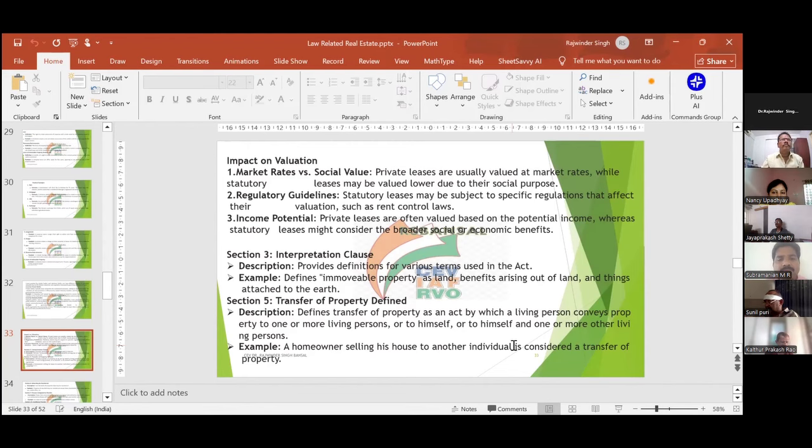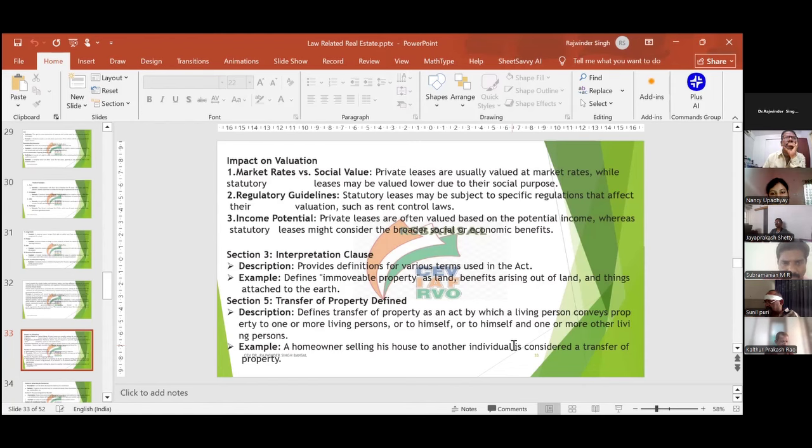We will discuss them one by one. One is Section 3, Interpretation Clause. It provides the definition for various terms which are used in the Act. For example, it defines immovable property. So various things which are there in this Act are defined under Section 3. It is also called Interpretation Clause.